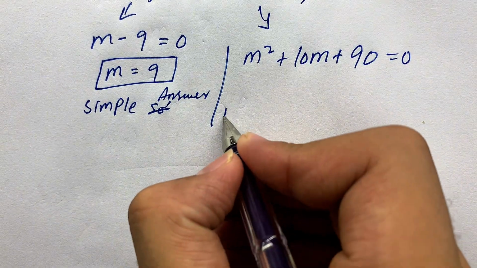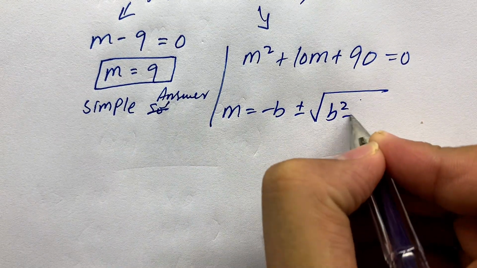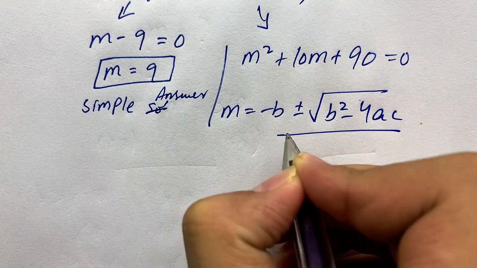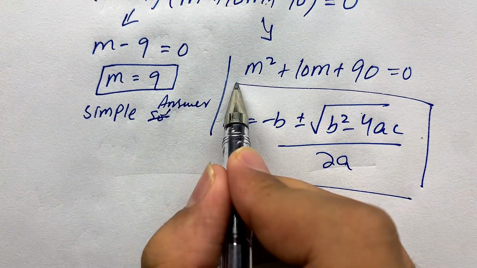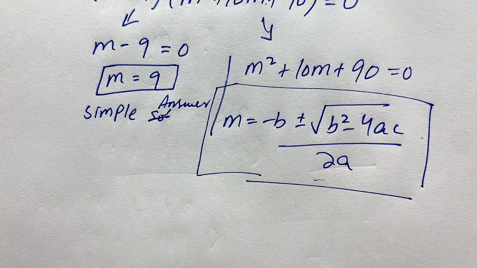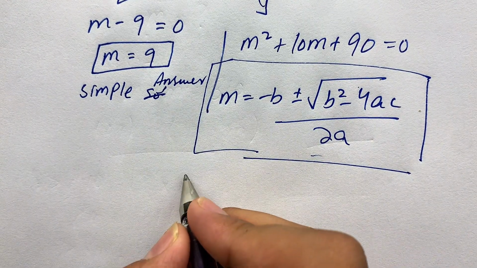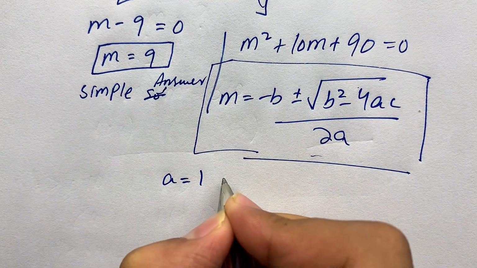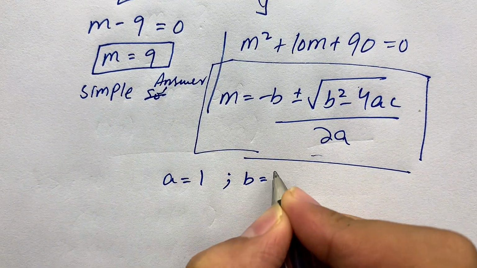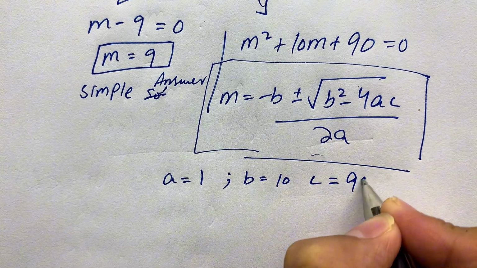Now we use this formula, m is equal to (−b ± √(b^2 − 4ac)) / 2a. Remember this formula, this is a very important formula for the Olympiad method. Now we are putting values in this. Our a is equal to 1, our b is equal to 10 and our c is equal to 90.